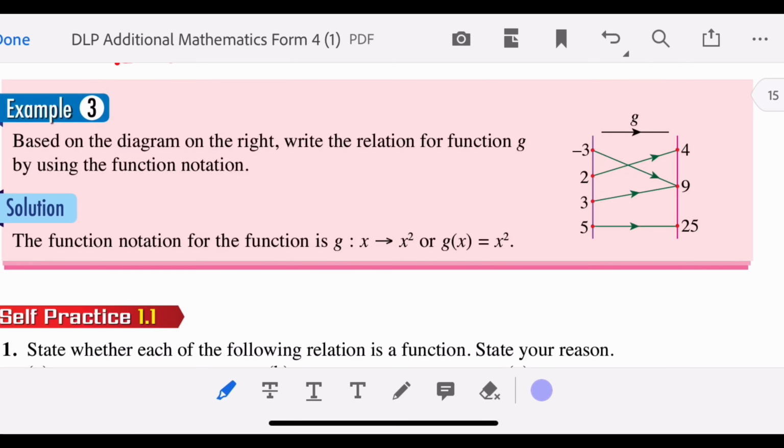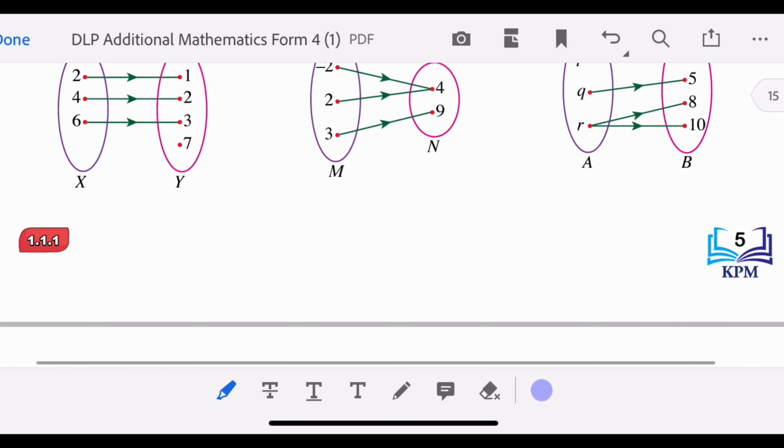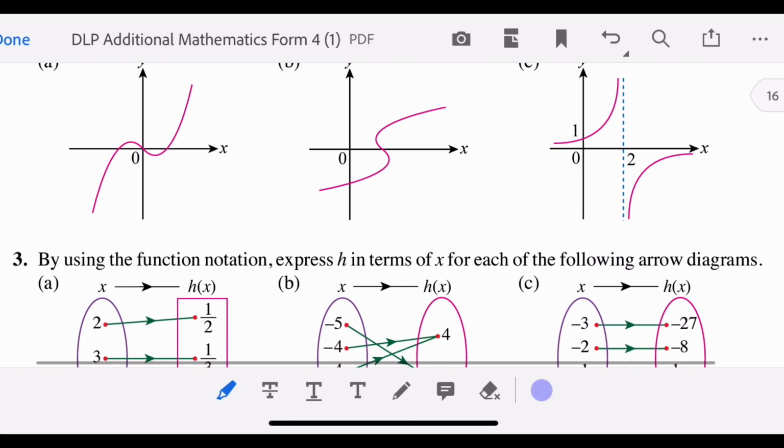Okay, let's see example 3. Based on the diagram on the right, write the function notation. So you have to know how to express the function notation also. You have to determine whether each of the following graphs is a function by using the vertical line test. This is the one that I discussed just now.